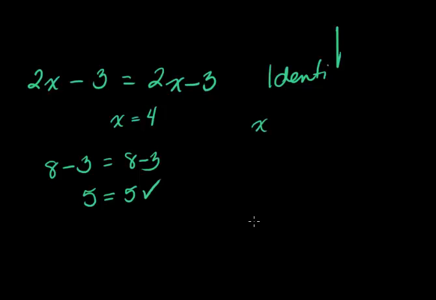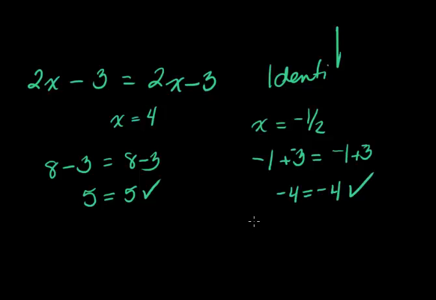That checks out. If I said x equals negative 1/2, well, 2 times negative 1/2 is negative 1. Negative 1 minus 3 equals negative 1 minus 3. Right off the bat, you can see that what you have on the left side is exactly what you have on the right side, so it is going to work out.